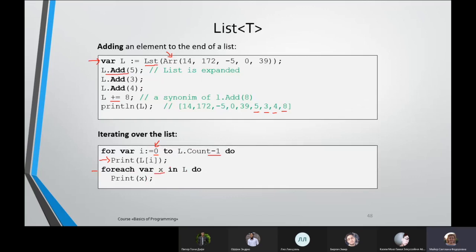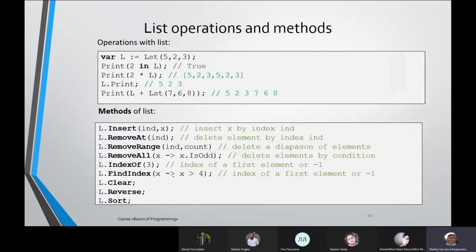So X will be the elements of the L list. And we don't need to know how many elements there are, because X will be iterating through all the elements of this L list. Okay, so we can use two loops to iterate over the list.